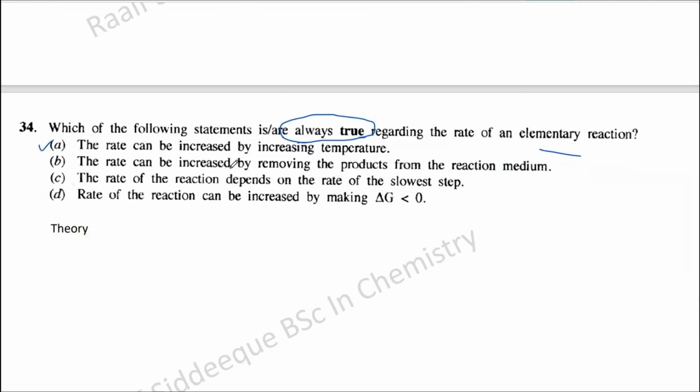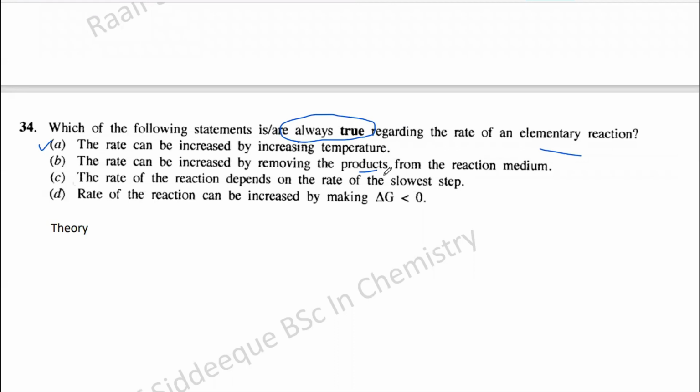The rate can be increased by removing. Now here they are talking about the product side, not the reactant. Okay. So when you change the concentration of the reactant according to the rate law expression, the rate can be changed. Here they are talking about the product.